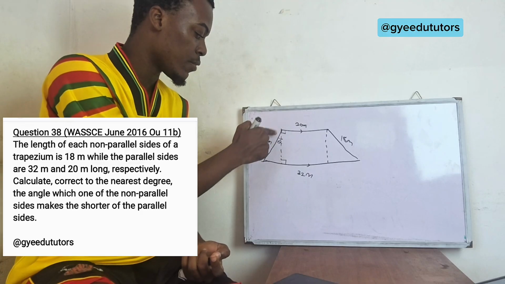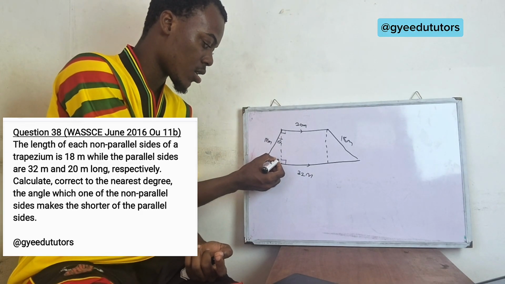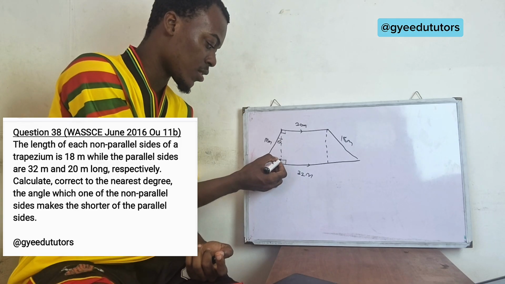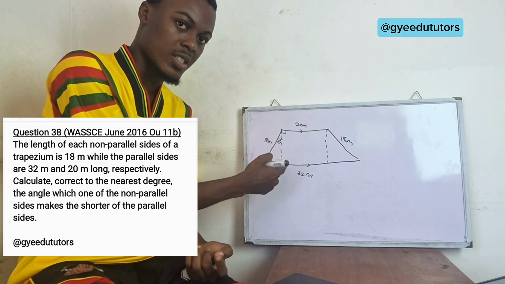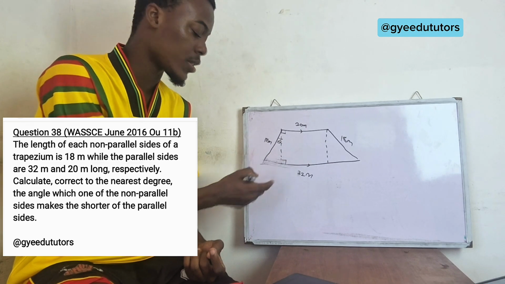We can use SOHCAHTOA because we know the hypotenuse, given our right angle. This is also a right angle because every straight line is 180 degrees, so if one side is 90 degrees, the other side will also be 90 degrees.